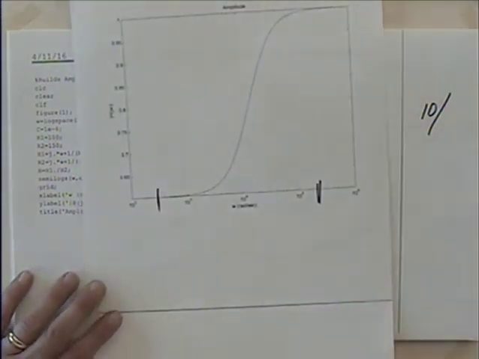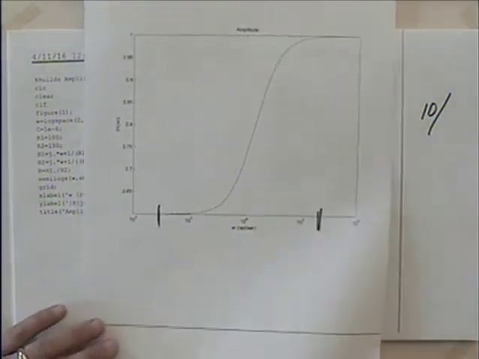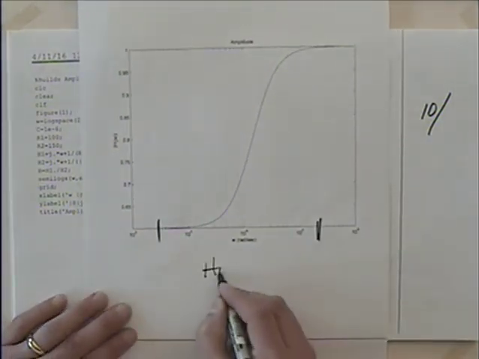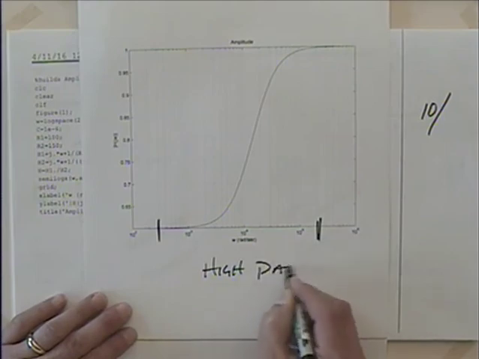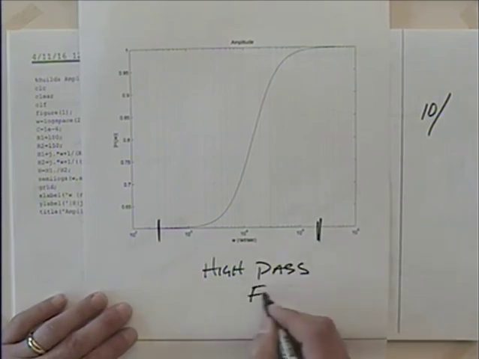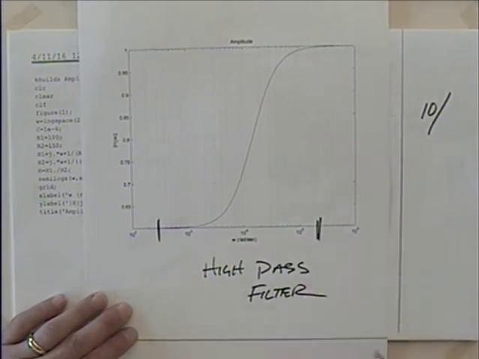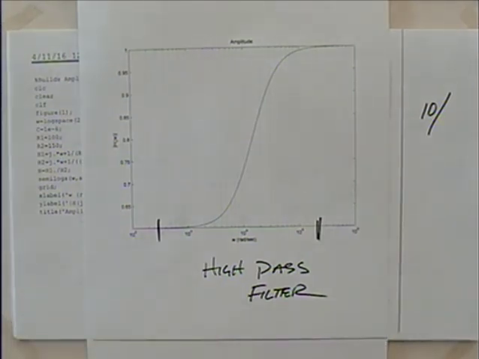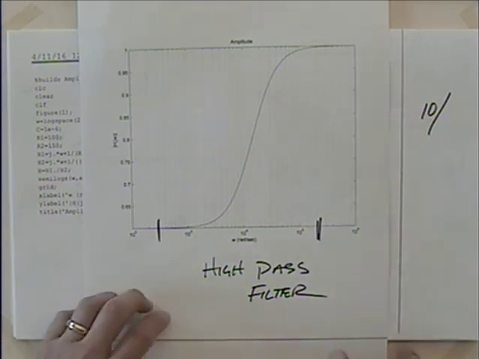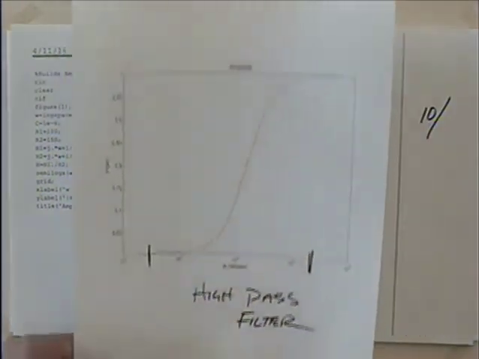So what would you call this thing? High pass filter, right? Okay, high pass filter. Yeah, low pass would be just the opposite. Like that. Probably can't see through there.